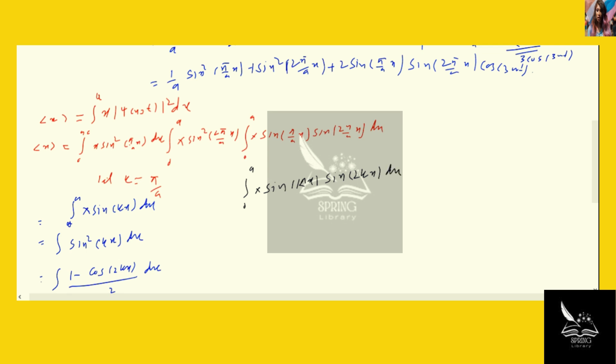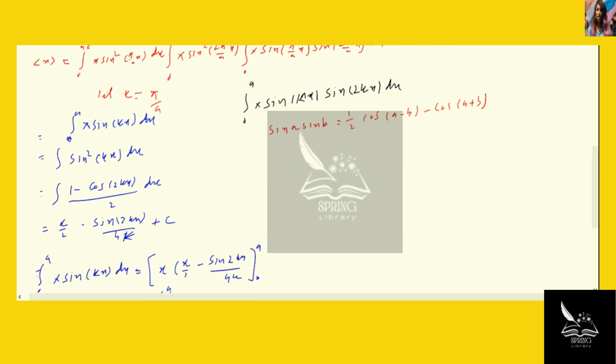As we know, we have a formula which is sin a sin b equal to 1 out of 2 (cos(a minus b) minus cos(a plus b)). So we use this formula in the above integral.